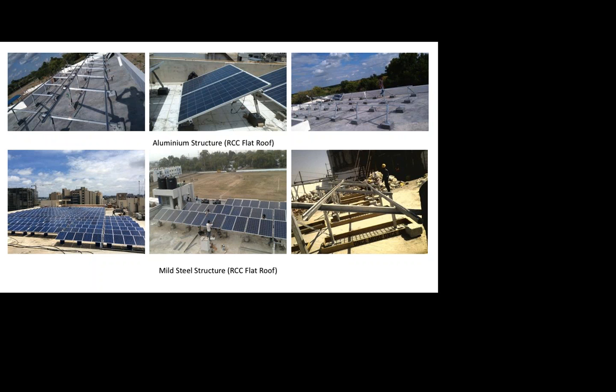For aluminium and Hilti, the cost is coming to 6.6 rupees a watt supply, and for mild steel with casting on the roof, it is 4.9 rupees, and mild steel with Hilti is at 6.3 rupees. So the lowest is aluminium with ballast at 4.7, and the highest is aluminium with Hilti at 6.6.